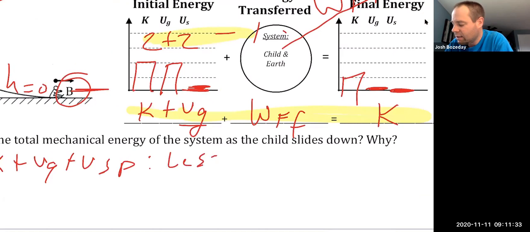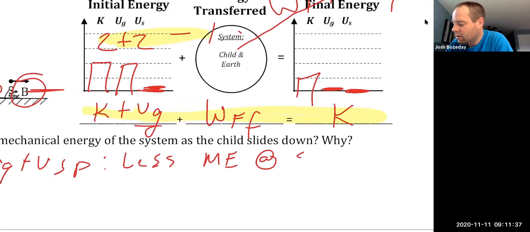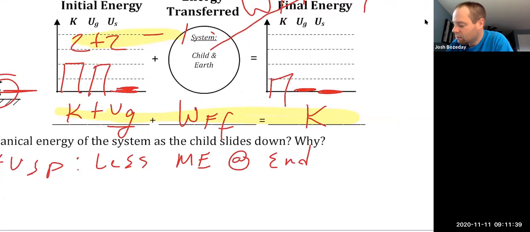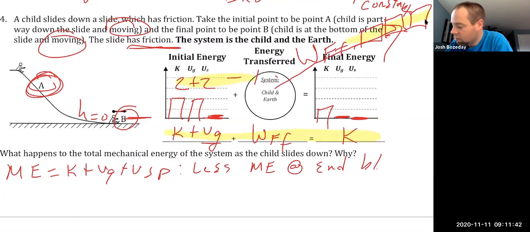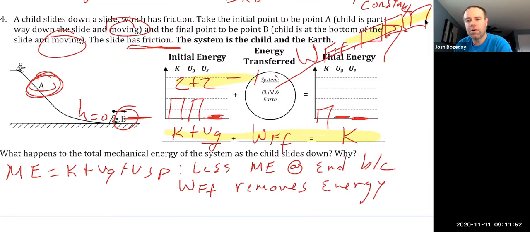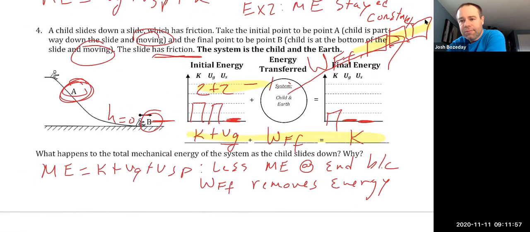So less mechanical energy at the end because work of force friction removes energy. Okay. Any questions on that?